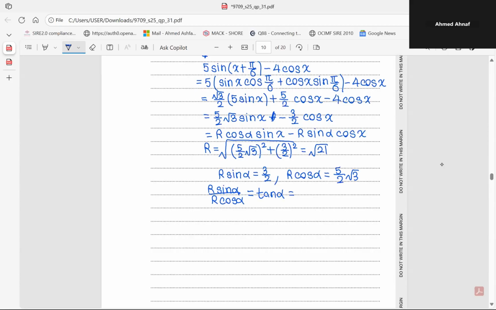And that is equal to 3 over 2 times 2 over 5 square root 3. So, okay, that would be square root 3 over 5. So alpha would just be tangent inverse square root 3 over 5.